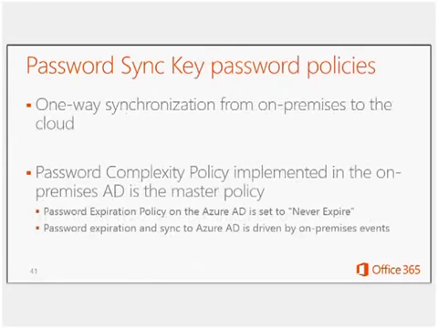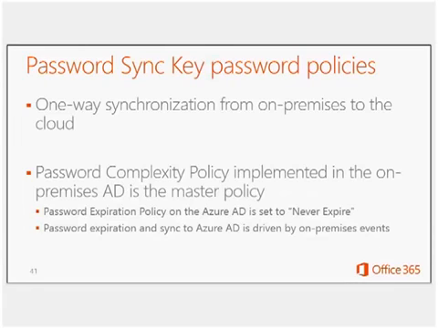One-way synchronization, and complexity is implemented from the on-premises AD, that is the master policy. Password expiration policy in the actual Azure AD is set to never expire, and the expiration in sync is driven by your events. So that is the identity section.